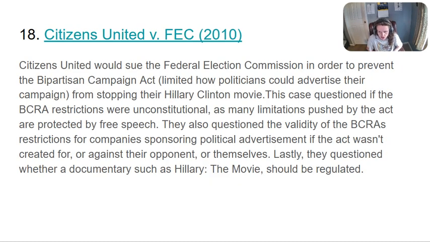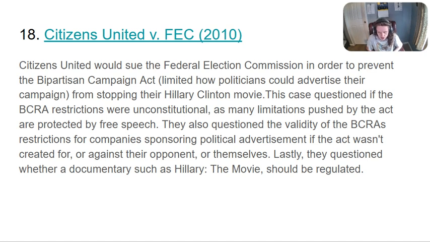Number 18 would be the Citizens United versus FEC lawsuit, which would be decided in 2010. Citizens United would sue the Federal Election Commission in order to prevent the Bipartisan Campaign Reform Act, which limited how politicians could advertise their campaign, from stopping their Hillary Clinton movie.